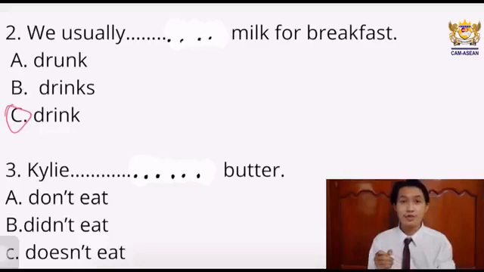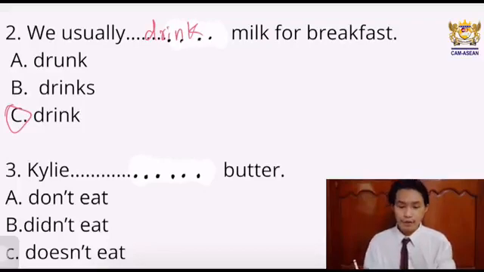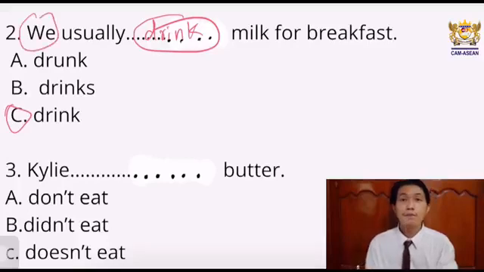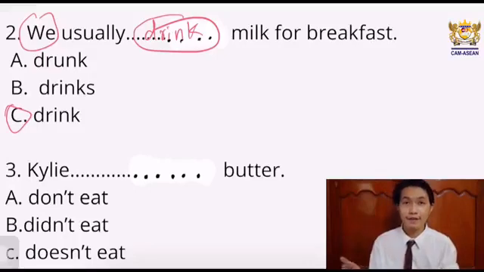Letter C, drink. We usually drink milk for breakfast. Because why? Drink is used with plural subjects. Because drink has no S, right? Because the subject of this sentence is we. So we usually drink milk for breakfast.